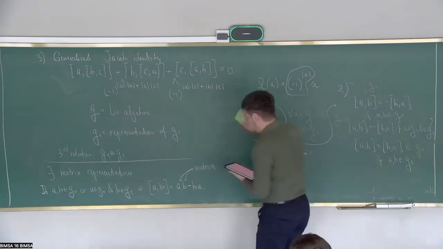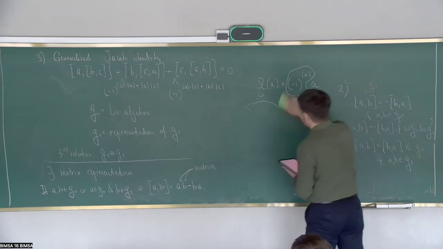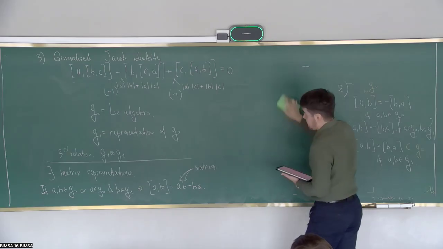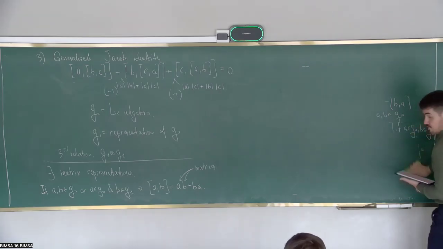That really defines it: the product is just a commutator of matrices. That's the point. And it will automatically satisfy the Jacobi identity. That's the motivation for having the two components.